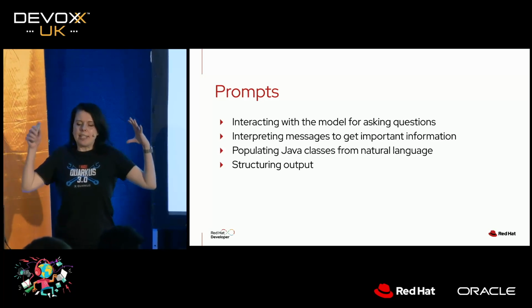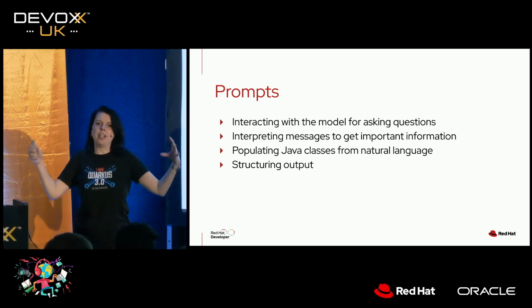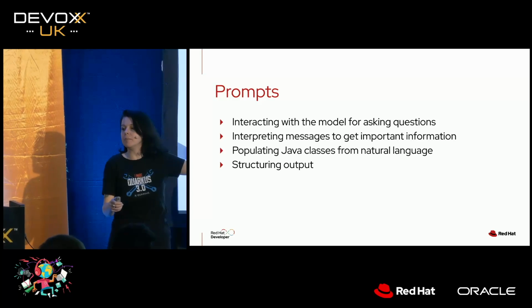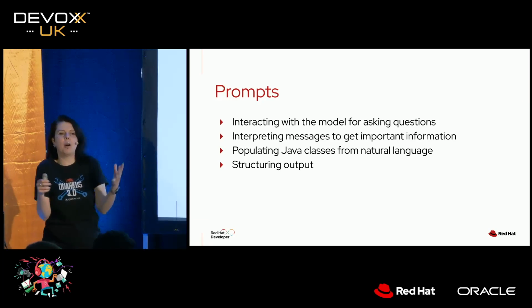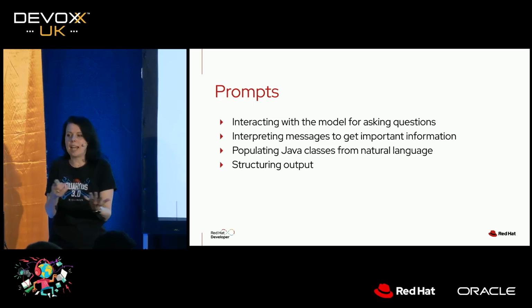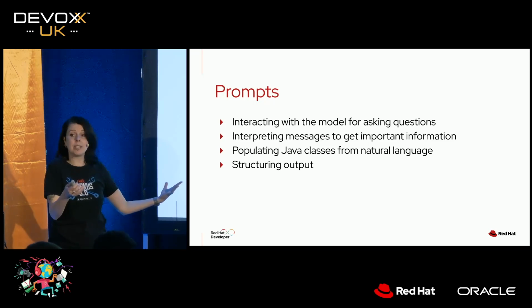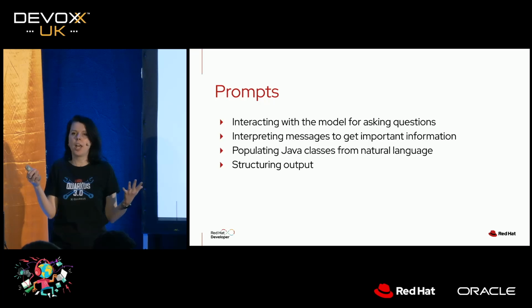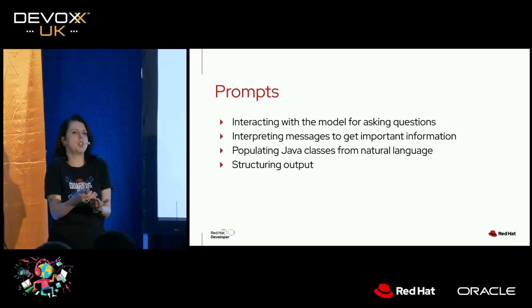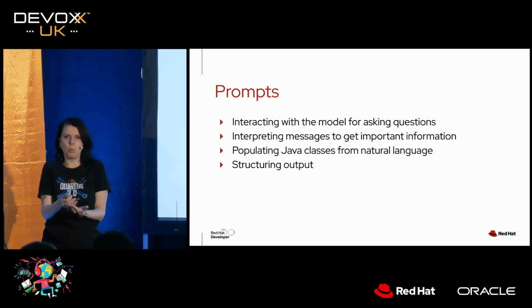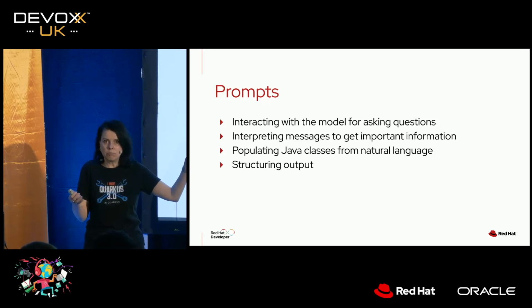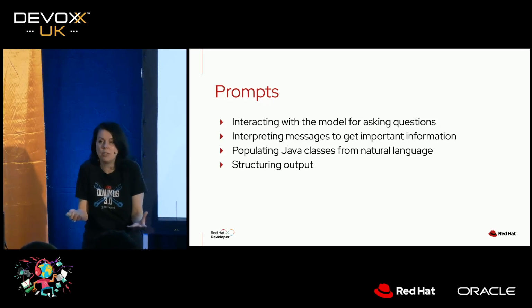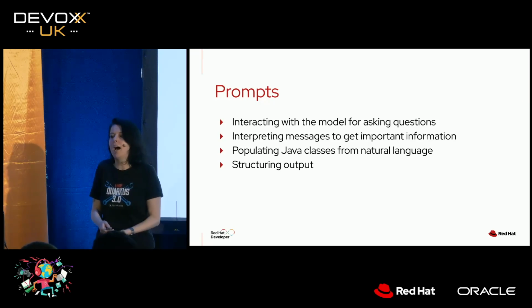The basic building block of your interaction with these backend systems is going to be the prompt. The prompt is how you interact with the model in natural language. It's how your users are going to interact with the model in natural language. And with prompts, you can do many useful things. One is that you could interpret a message from the user to get information that you need, like their date of birth.